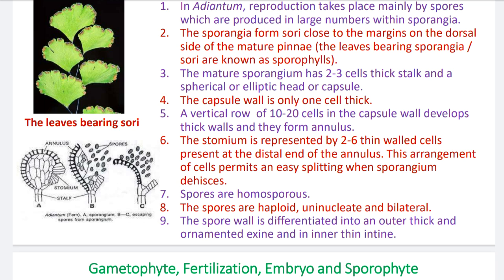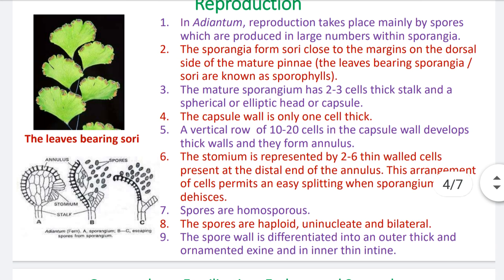This arrangement of cells permits easy splitting when the sporangium dehisces. Dehisces means breaking. This arrangement of the stomium is useful for the dehiscence of the sporangium, for dispersion of the spores, or easy splitting of the sporangium. So this is the function of the stomium.